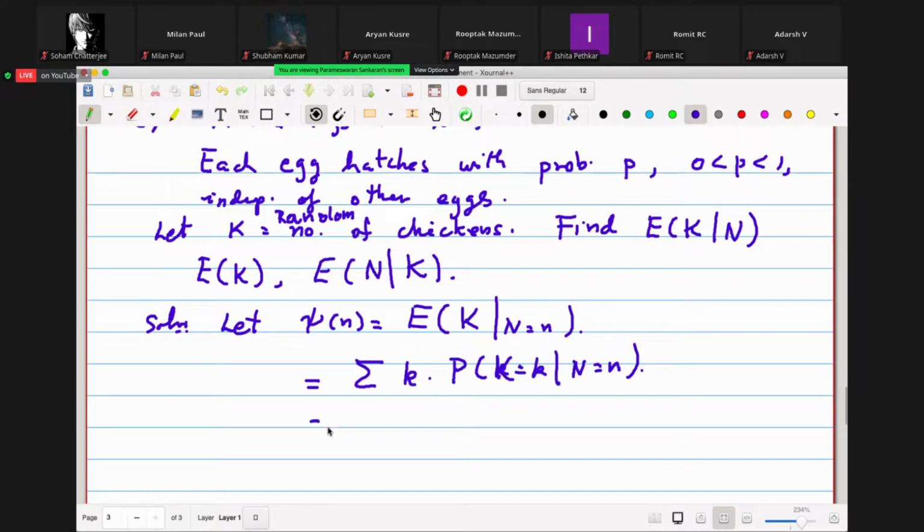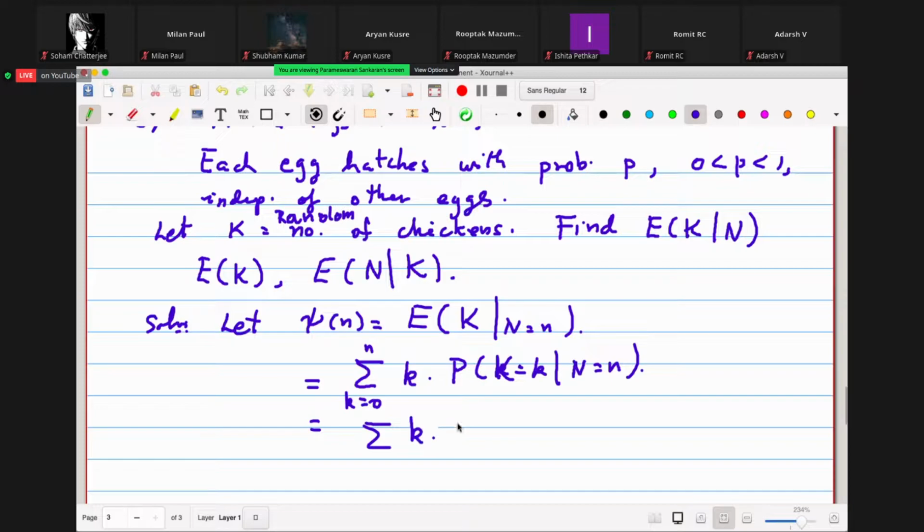K can only go from 0 to n. And this follows a binomial distribution, no? It's like you have n coin tosses, each one turns up heads with probability p, and you are counting the number of heads. You can further expand it. Let me write that. I think it's better to do it after one more step.